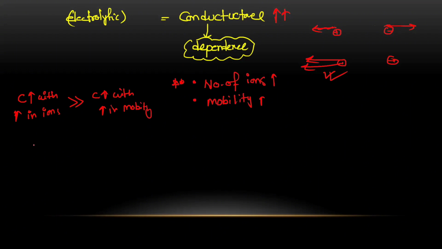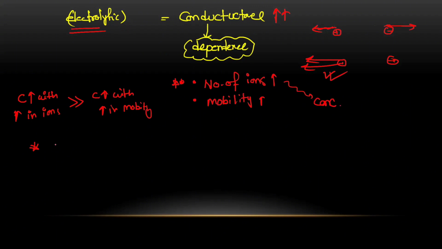Now, does the conductance depend on concentration? Because concentration is basically a game of number of ions. We are discussing an electrolytic system, and electrolyte means there will be ions in the system. So the more the concentration, the more will be the number of ions, isn't it? So with number of ions, one related dependence is that of concentration.